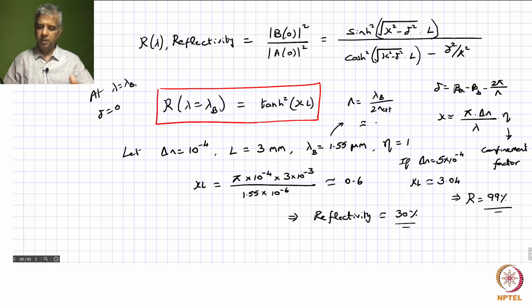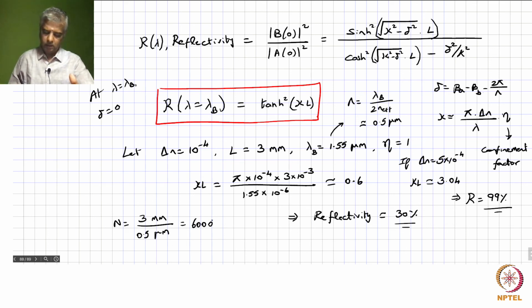So, we are looking at something in the order of 0.5 micron period, but then your length is actually 3 millimeter. So, what does that mean? It means the number of periods that you have is 3 millimeter divided by 0.5 micron. So, that corresponds to 6,000 periods, right.